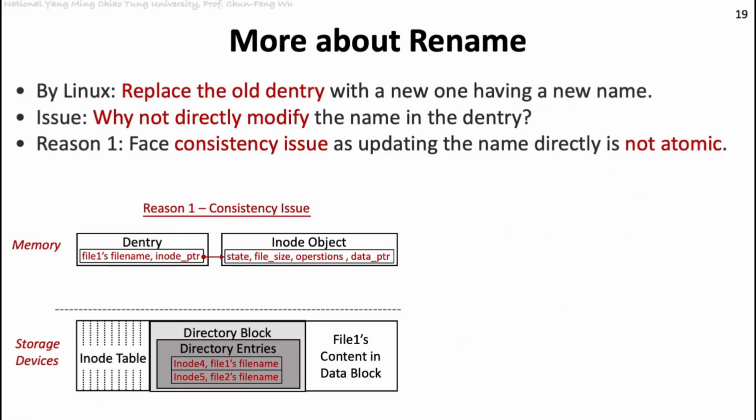The second one is the file size. Because file size varies, we don't really limit the size of a file. Some files are large, some files are small, so the inode describes how large it is. Sorry, there's a typo here; this should be operations.